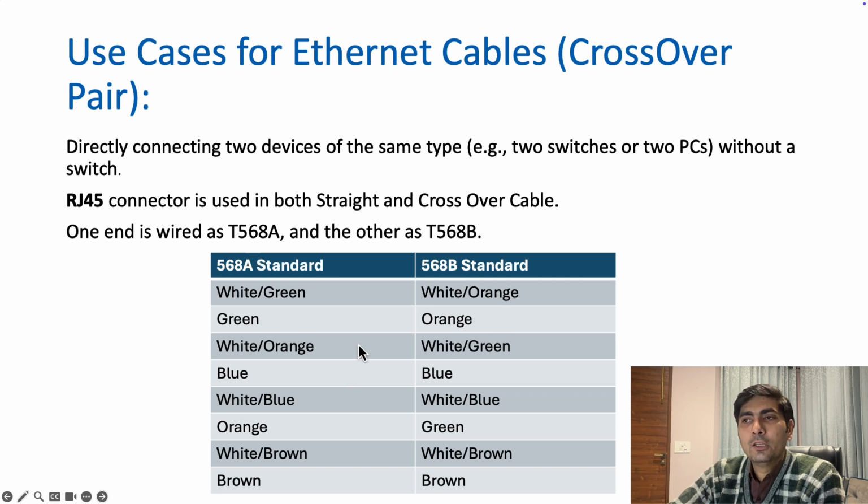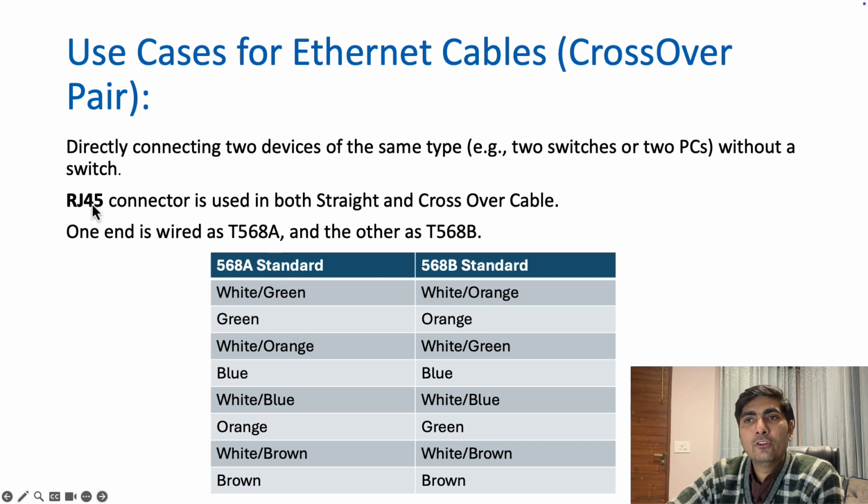But in the cross cable, the cable which you bought as a cross cable, you will find one end like this and the other end like this. That is cross. You understood? So directly connecting two devices of the same type, two switches or two PCs without a switch, that is cross again.